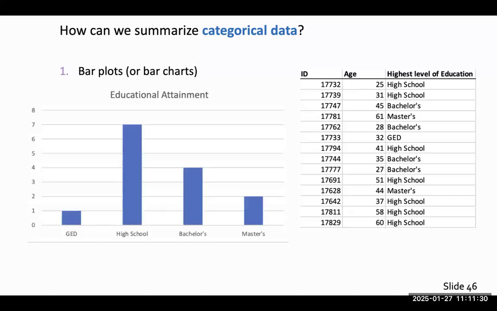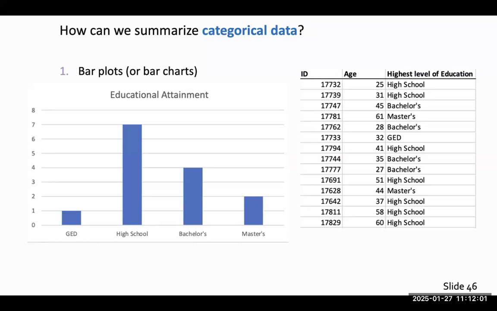We can still make a bar chart of this data. We can count how many times GED showed up, how many times high school showed up, and bachelor's and master's, and so on. I think there's more data here, and I think this originally came from a bigger spreadsheet. But anyway, you get the idea.